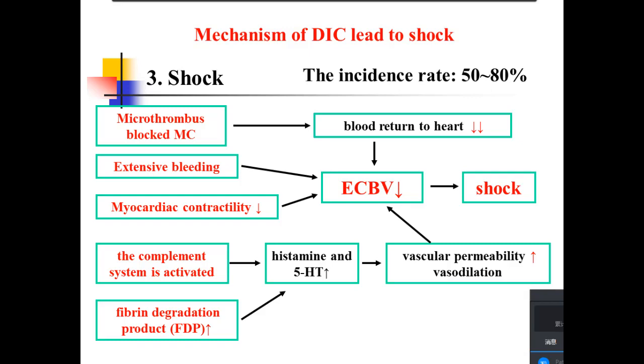Now that is DIC leading to shock, which includes 5 pathogenesis. Easy. You can remember it in class, not as homework. Understand? Maybe a long question, maybe a short question. You might remember DIC leading to shock.